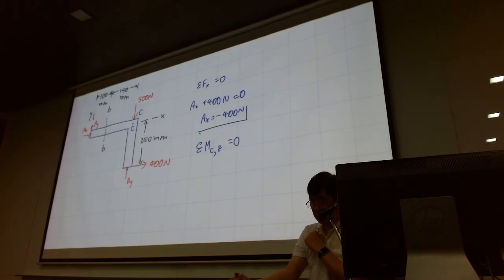So it means that from here, left to right, ax doesn't count. I'll have minus 0.25 meter times ay. 500 doesn't count, dy doesn't count, plus 0.25 meter times 400 Newton equals 0. So ay itself is actually equal to 400.